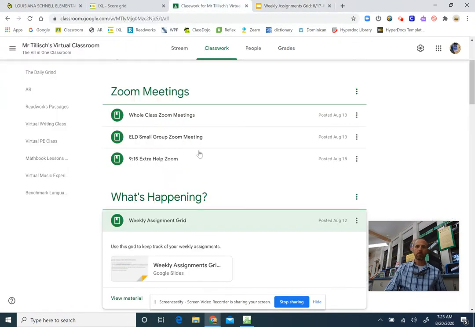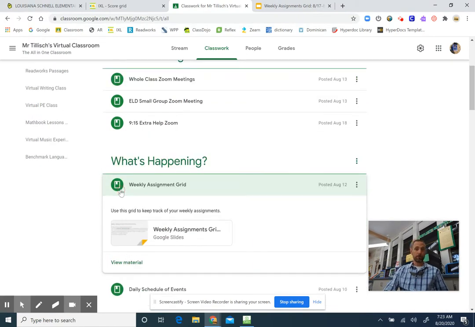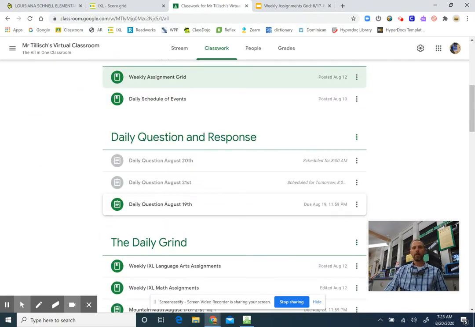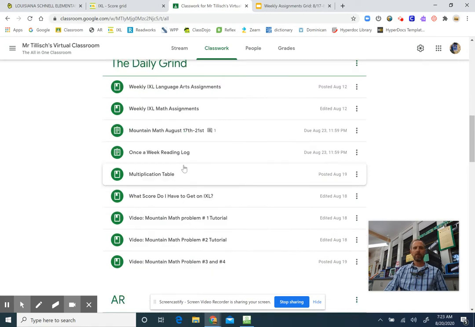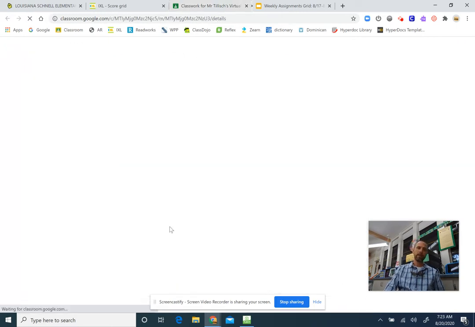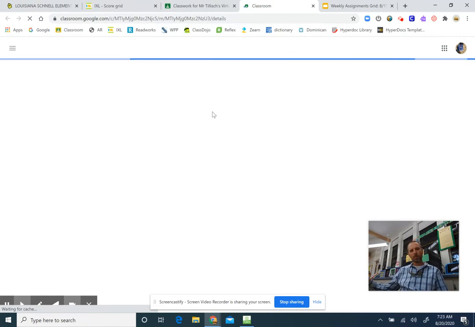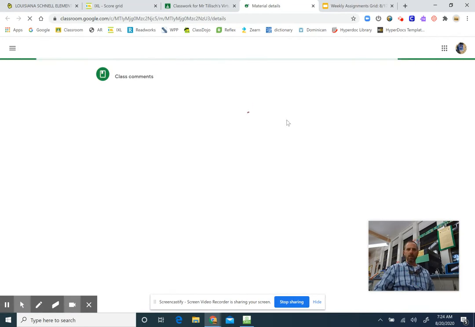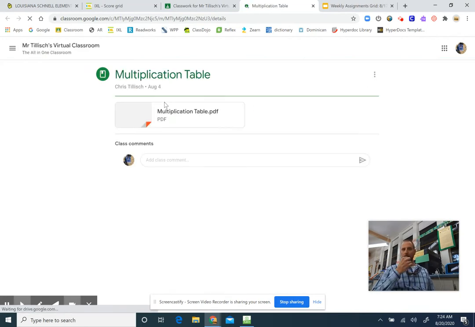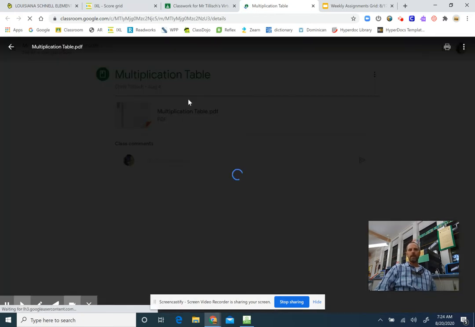As I go to my Google Classroom, your Google Classroom, I am going to go down to the daily grind, and I know in the daily grind I got a tool in there for me, and that's my multiplication table. I can click on that. When I click on that multiplication table, it comes up eventually, and then I gotta do one more step, because it seems like when Mr. Tillish is adding things into Google Classroom, there's always a little quirk to it, and so we just need to rotate it. When you open the multiplication table up, it is vertical, and that's really, really difficult to read.